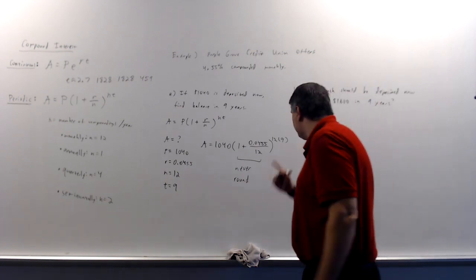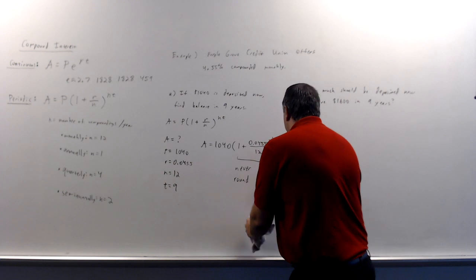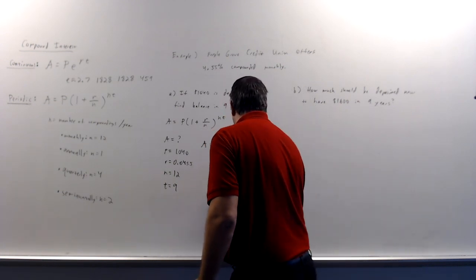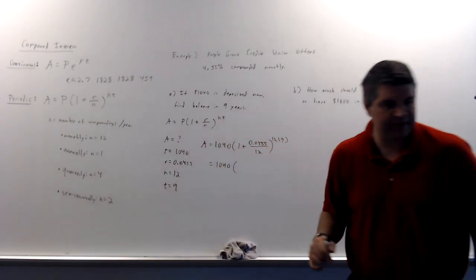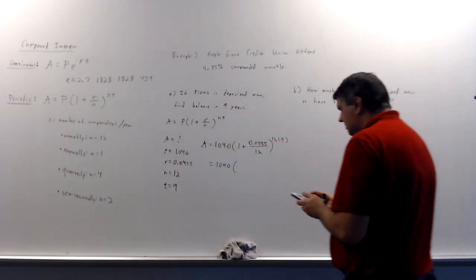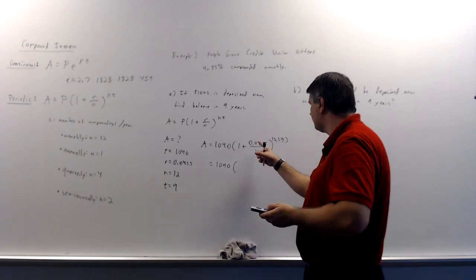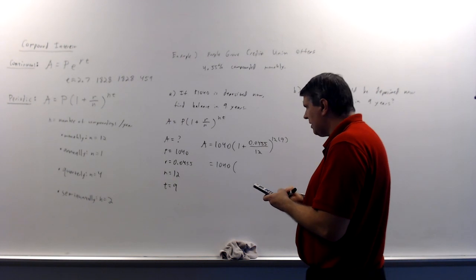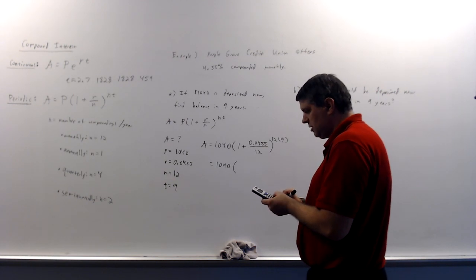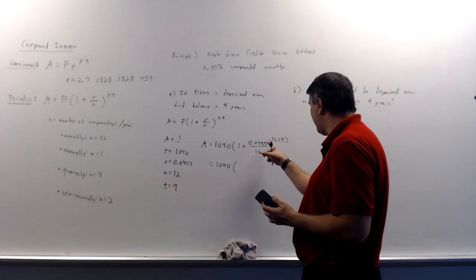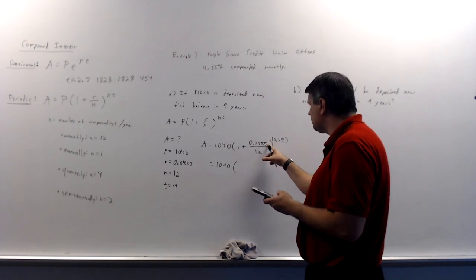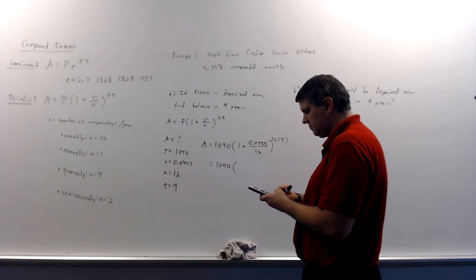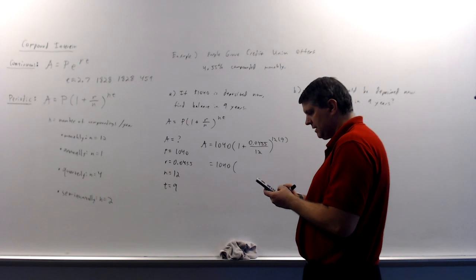That's 108. I'll pretend that that's simply 108. So A equals 1,040 times, and I'm going to see if that divides cleanly. I don't think it does. So I took 0.0455 divided by 12 first, then added 1.